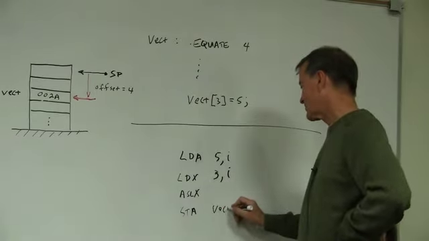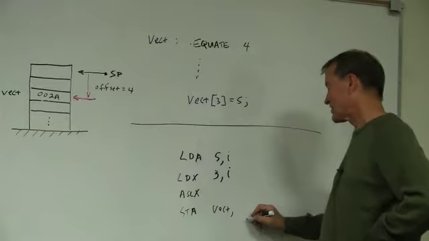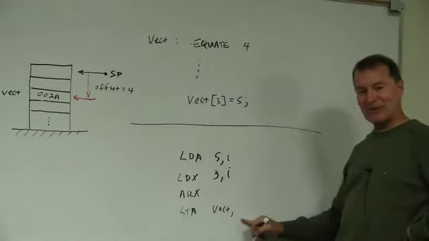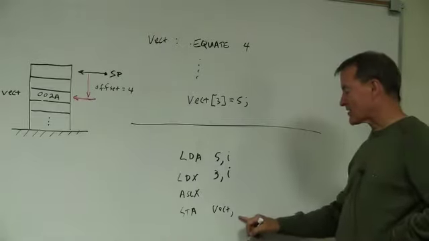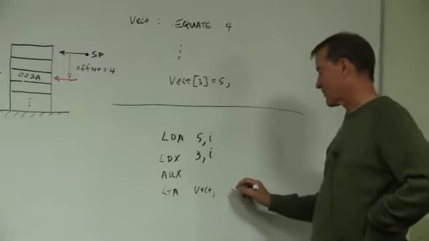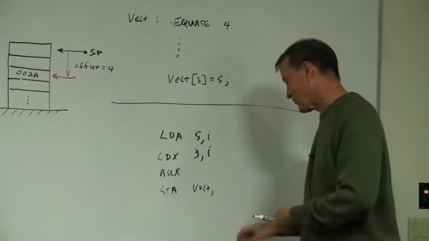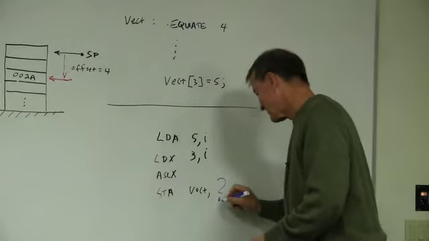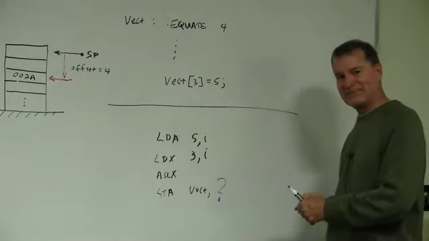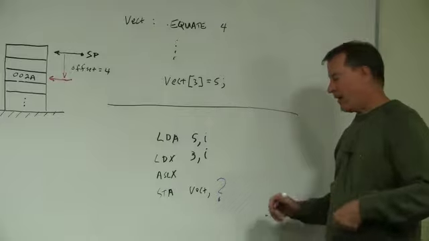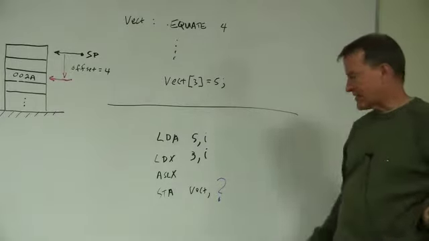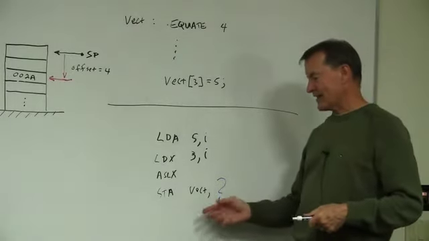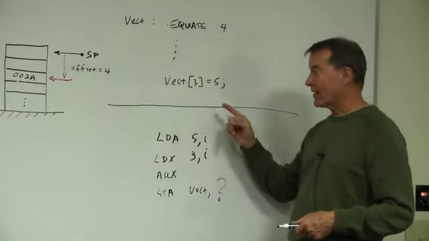Well, what we do is, now what is the value of vect? The vect is the offset, right? So that's 4, right? And then what we need here is an addressing mode. What does our addressing mode need to do to get that 5 into vect sub 3 way over there in that global array?